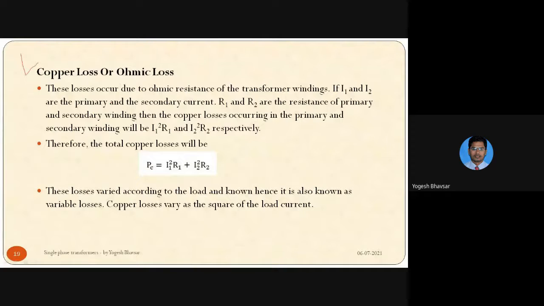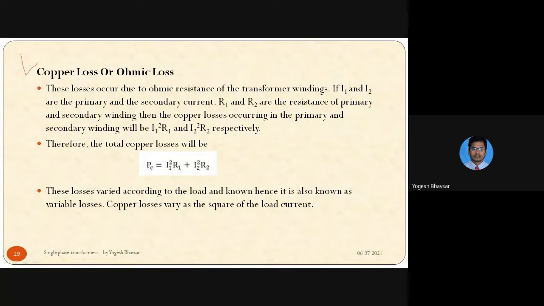So these losses particularly occur in the transformer windings, and this is due to the resistance. Ohmic resistance, this is the name given for the resistance, right? Which is particularly happening in the transformer winding. That's why it is called copper loss. The winding is made from copper, hence it is called the copper loss.